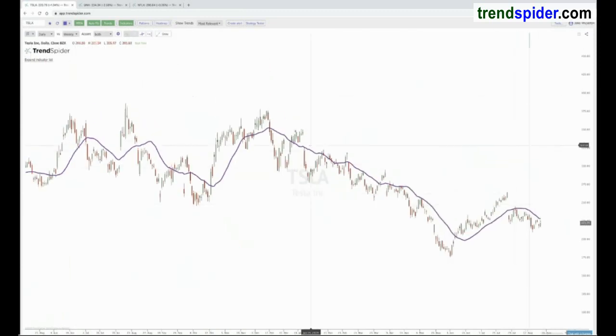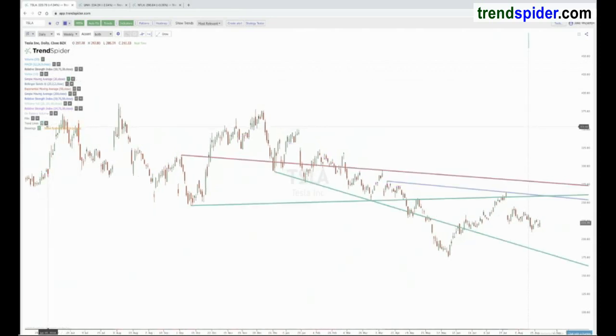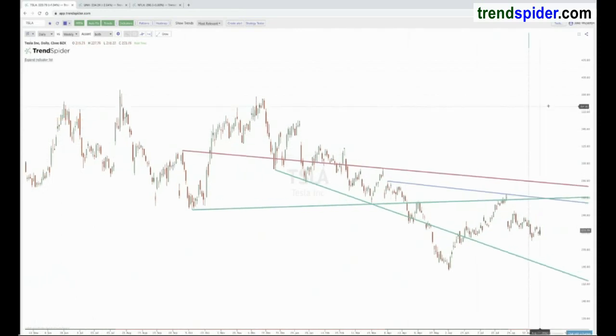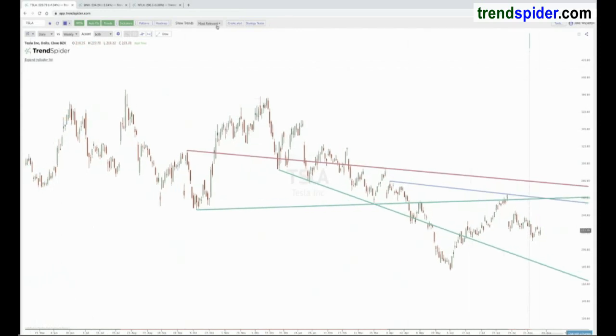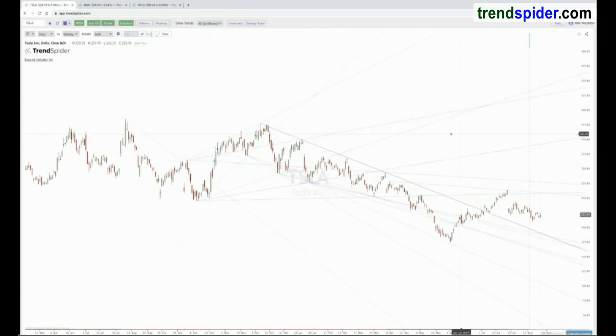It's really automated, really cool, and tailored to your type of trading or investing style. Now, think about how long it would take me to draw all those trend lines, and I am so sloppy with my artistry that my trend lines would look terrible compared to this. So this is how it's done, folks. Very, very neat, very cool. I like it a lot.